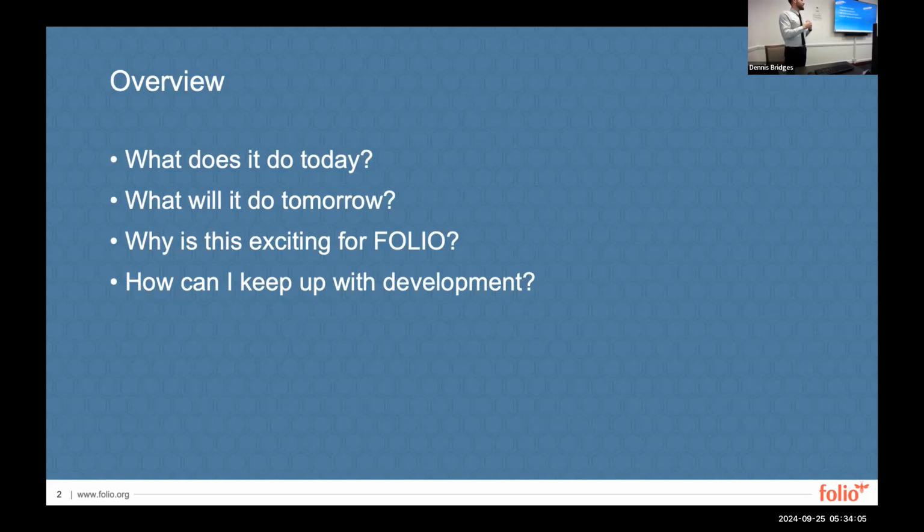And why is this exciting for FOLIO? Once we've gone through all this detail, we'll look at the high level of what all this functionality means when you put it together as a coherent set of features. And then we'll touch a little on where you can get more information, and how you can get more involved if you'd like to.